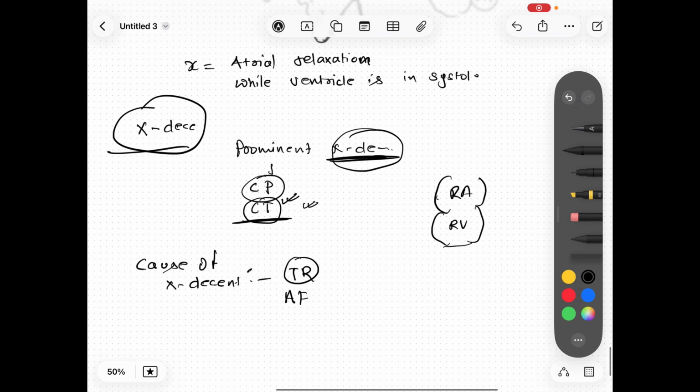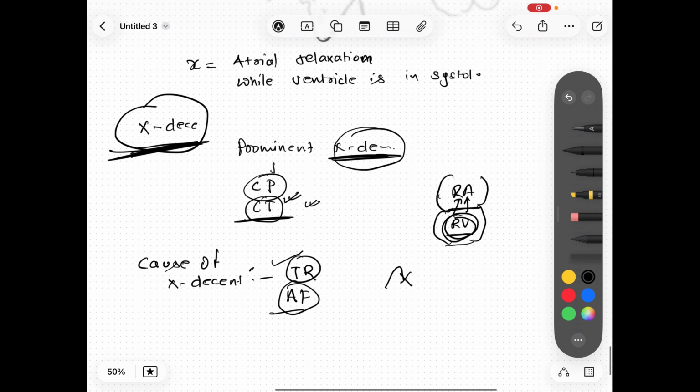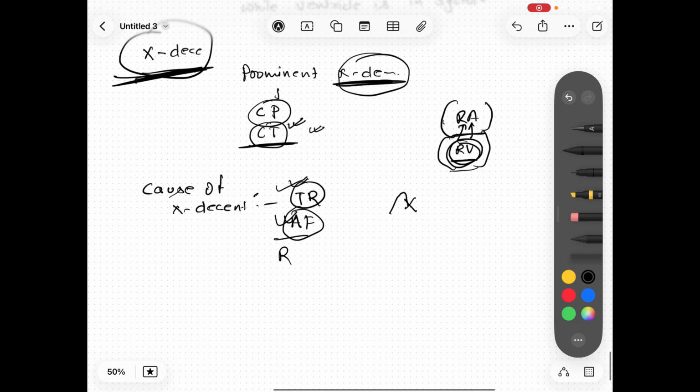So since we know that X descent occurs when the RV is in systole, when tricuspid regurgitation occurs, the blood flows from the RV into the RA, which leads to the blunted X descent. And in atrial fibrillation, when there is no A wave, there won't be any X descent.